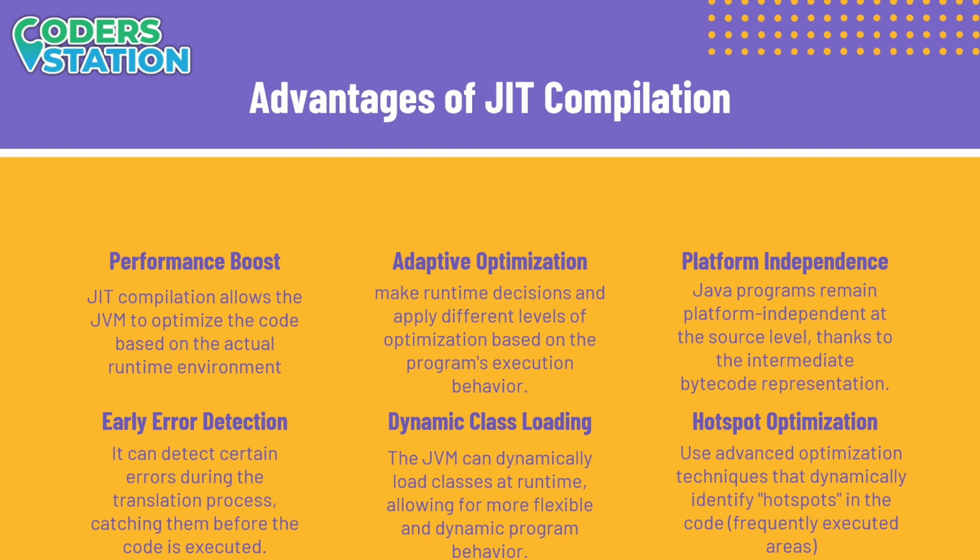Whether there is an error in the Java program, we can detect it very early, which helps us in identifying and solving errors in the early stages of application development. It can detect certain errors during the translation, that is the compilation, catching them before the code is executed, and also saves our memory and time.